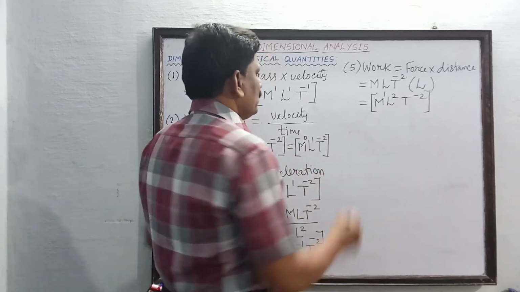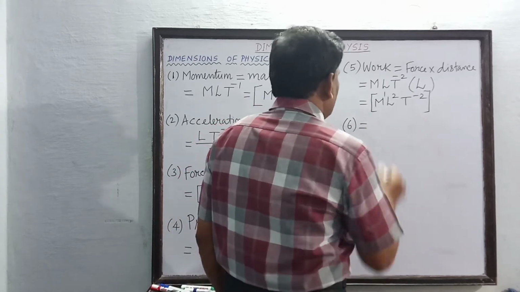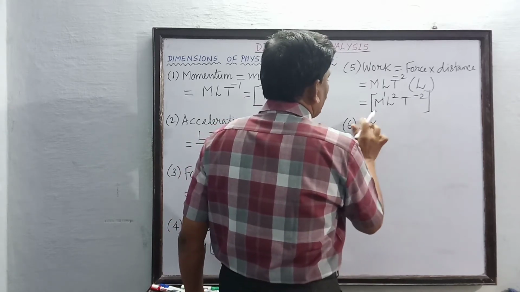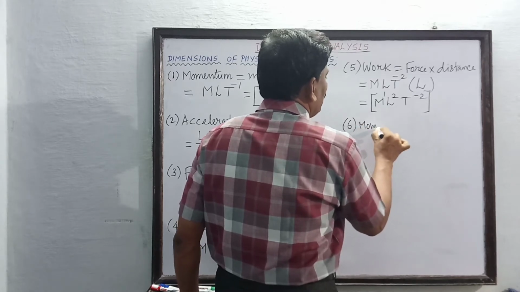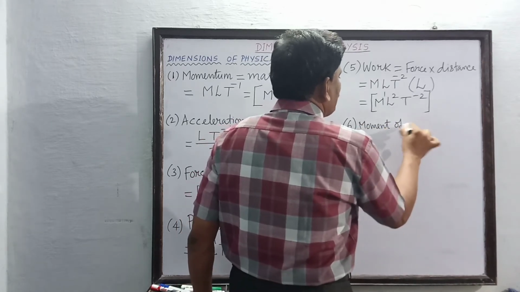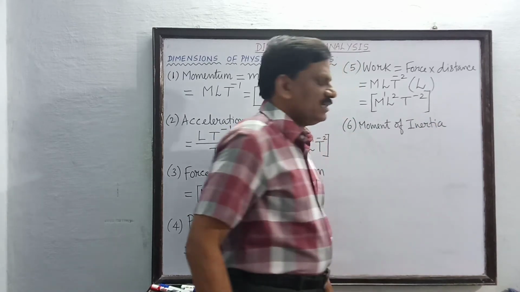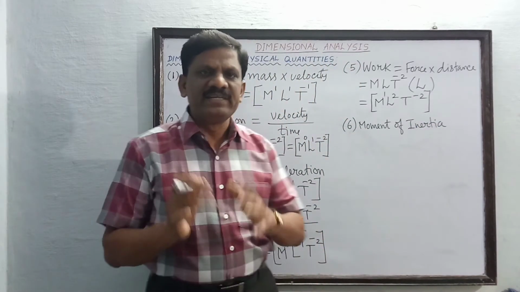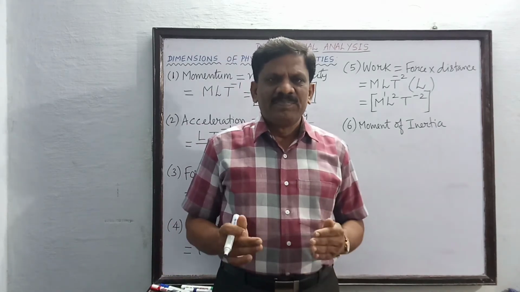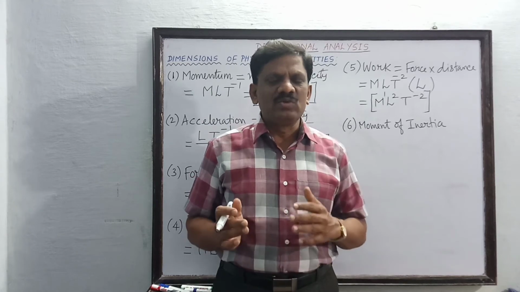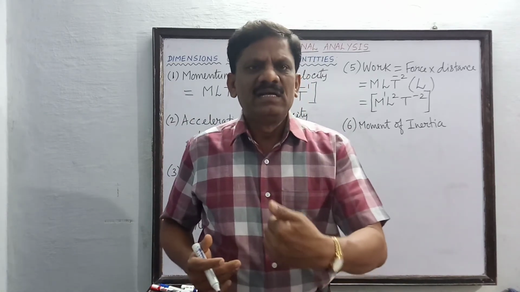Now one more let us take. Moment of inertia, which is a new term. What is meant by moment of inertia? You must have heard only inertia in the lower classes. Suppose a heavy person tries to walk forward, the mass of the body is opposing his straight line motion.